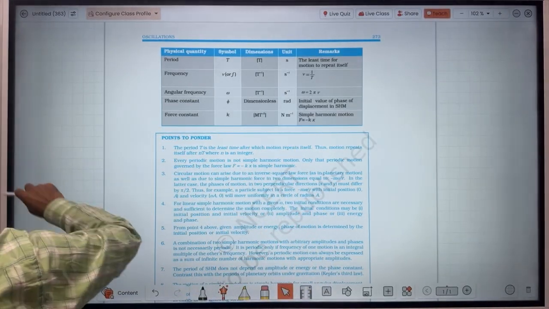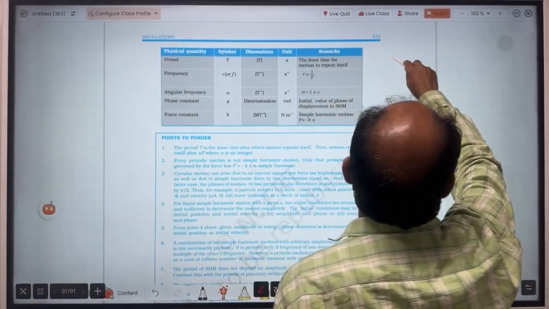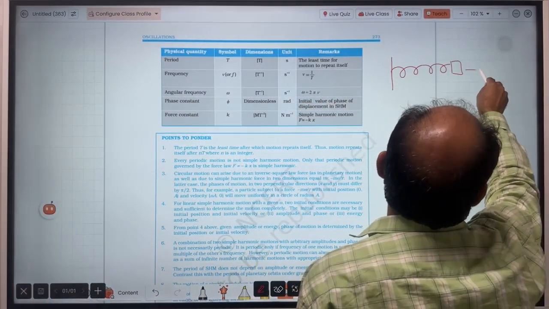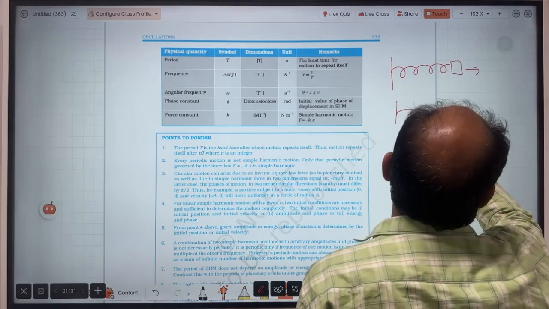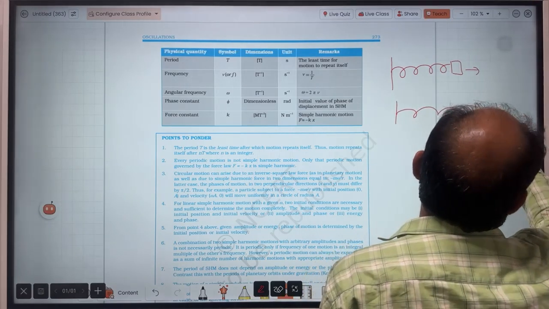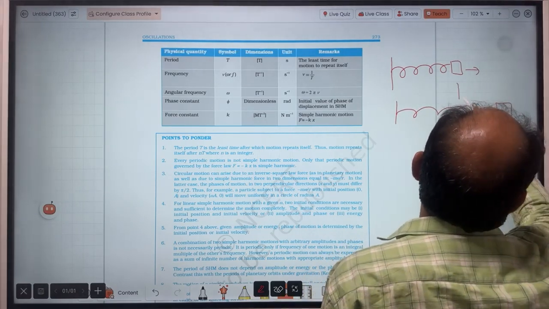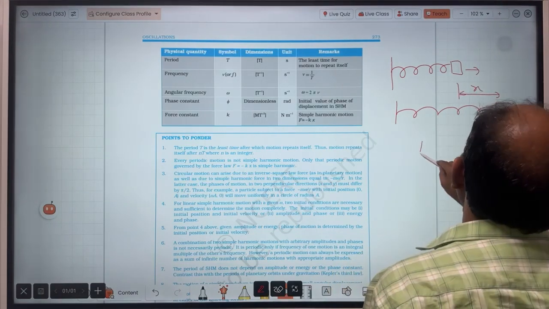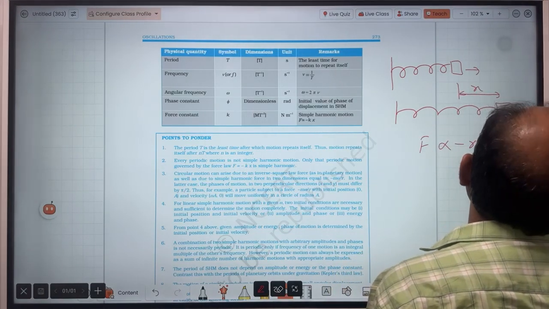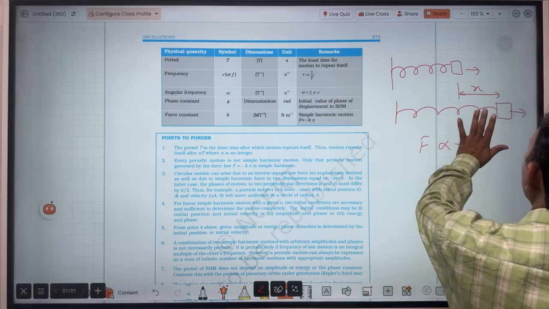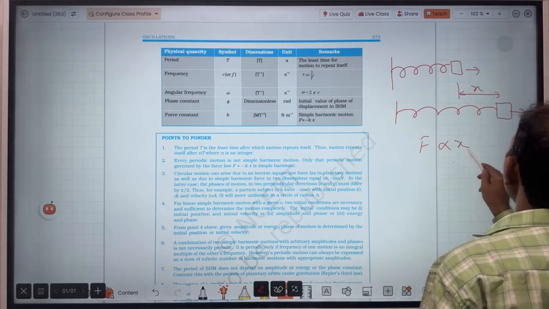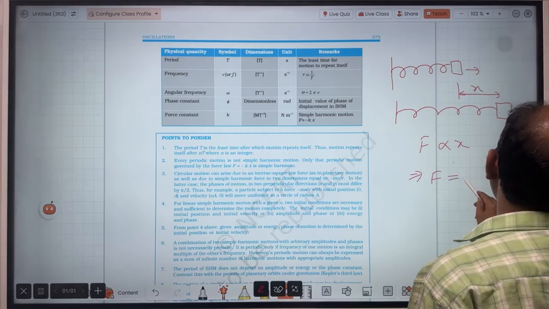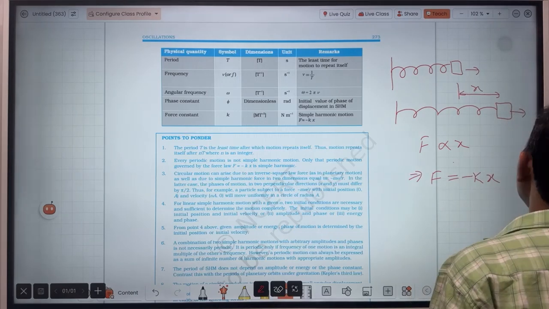If you remember, we consider a spring like this and we apply some force on it, and suppose the spring gets elongated by a distance, say x. So we write F proportional to minus x, and then we write F equal to minus kx.